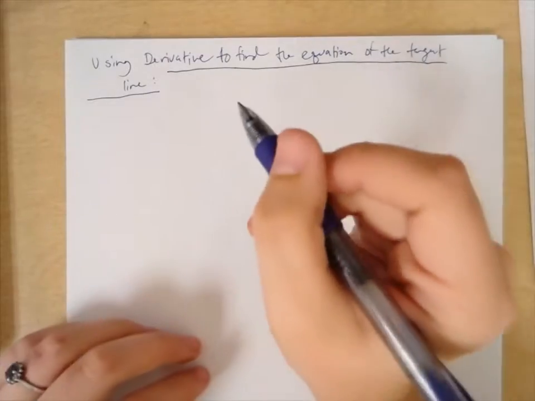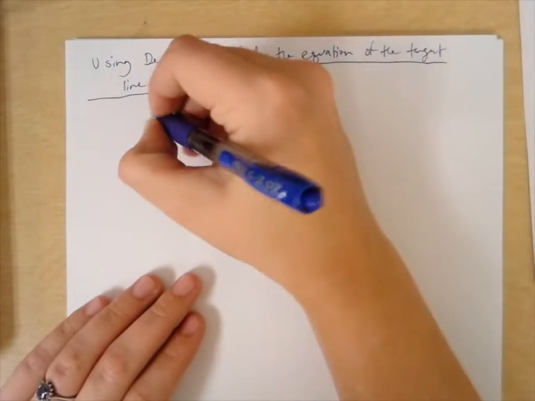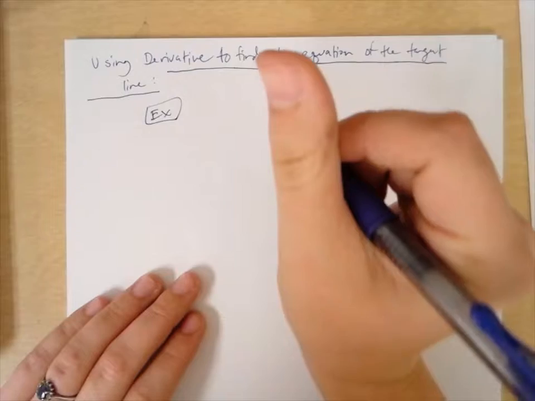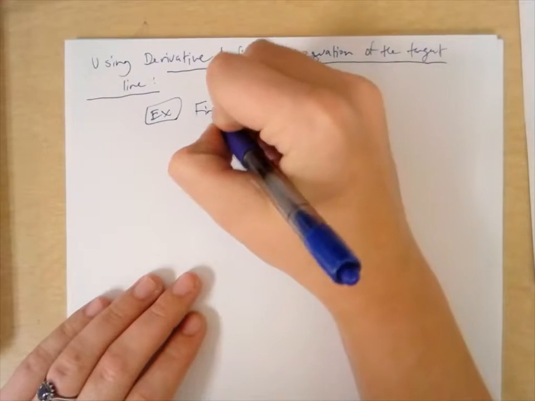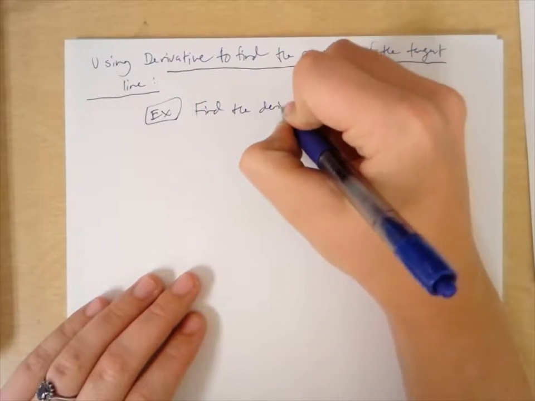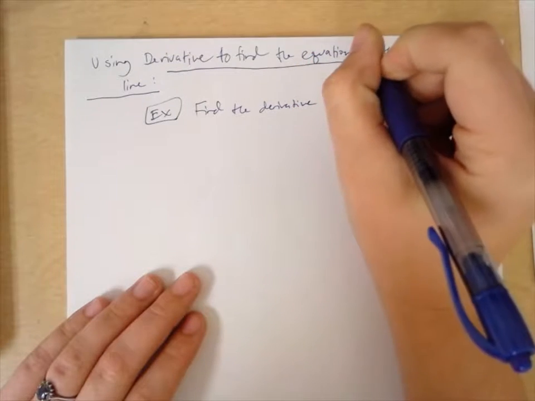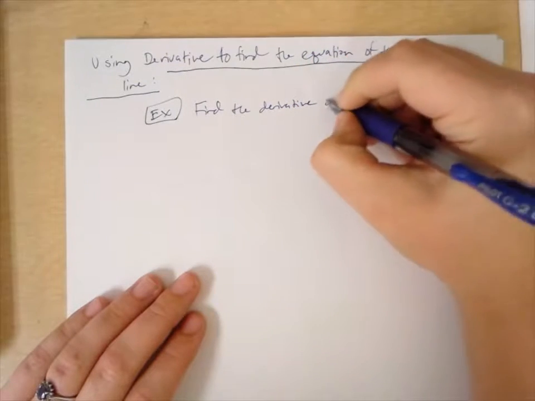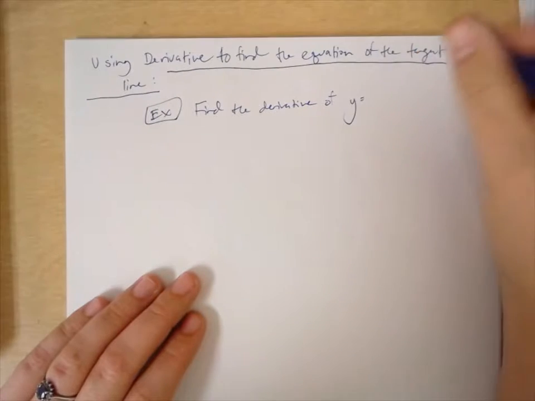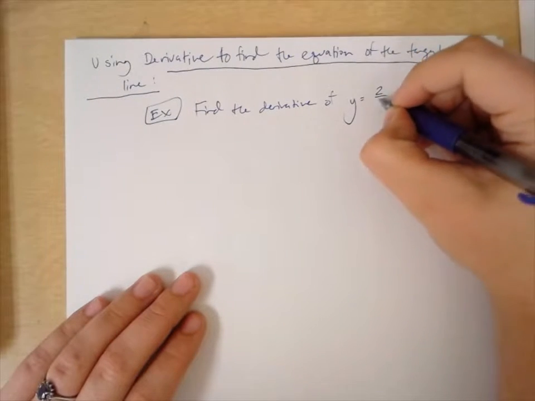So let's begin by using that limit process with our example. We want to find the derivative of the function y equals 2 over t.